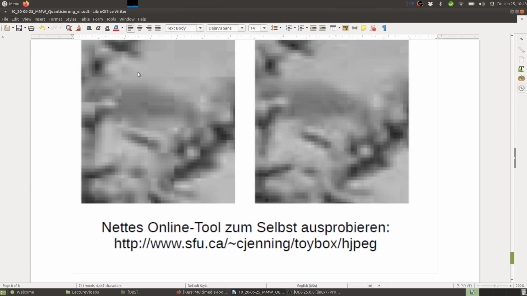On the left it's more coarsely quantized, on the right it's more finely quantized. And here, you don't see those blocking artifacts anymore on the right. Also, if you would view this from a distance, you probably wouldn't see those blocking artifacts anymore. You can see them here because we zoomed in, basically violating our assumption of a viewing distance.